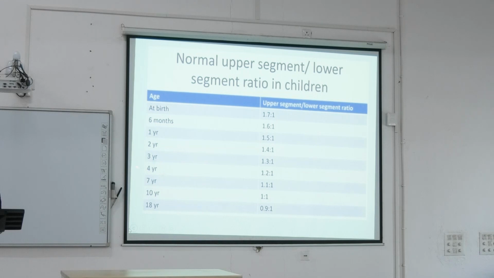Then at the age of 3, the upper segment is gradually decreasing and the lower segment is gradually increasing. So at 3 years, it is 1.3 to 1. At around 7 years, it is 1.1 to 1, and at 10 years it is 1 to 1. Between 7 to 10 years, the child actually looks like an adult. Okay, the segments are kind of adult.